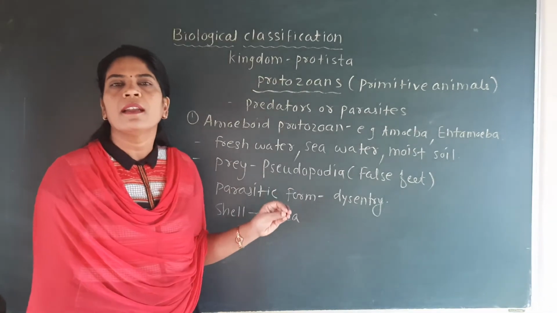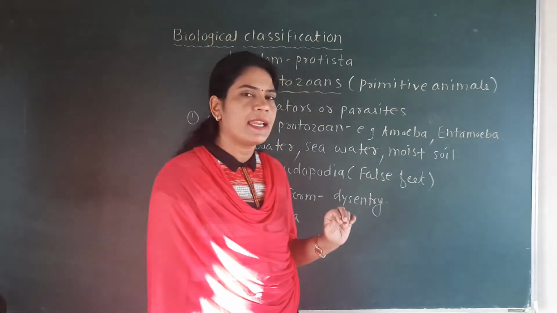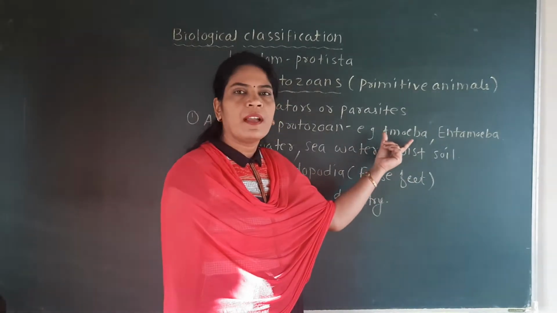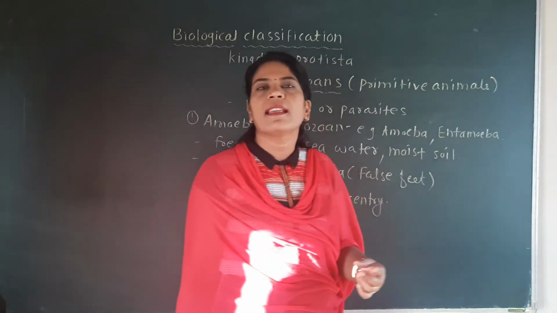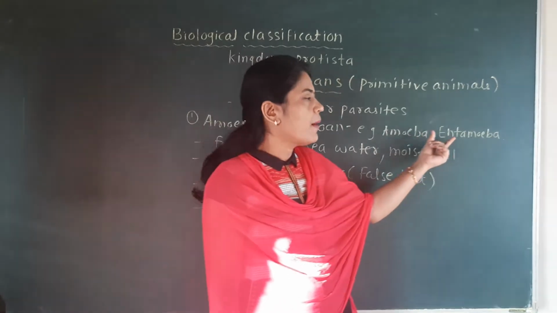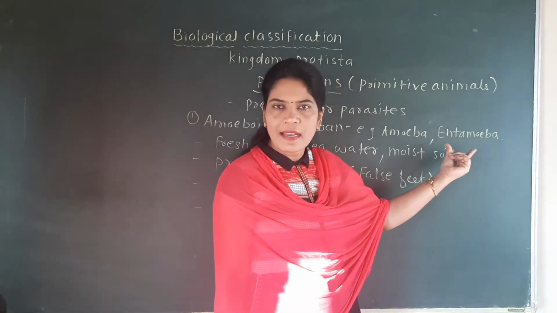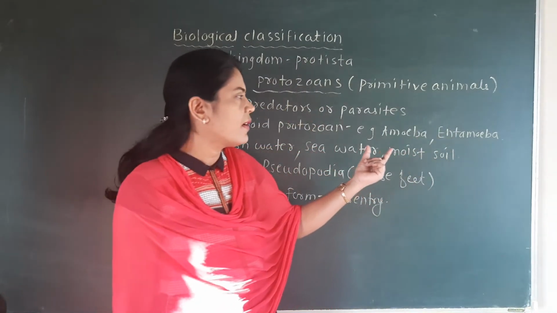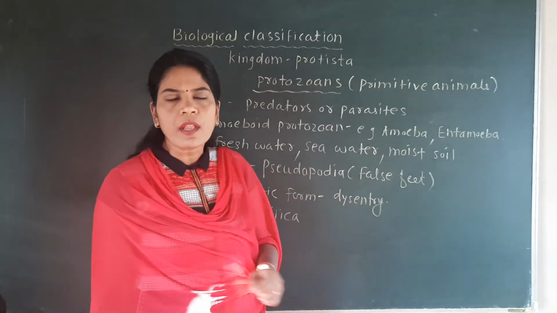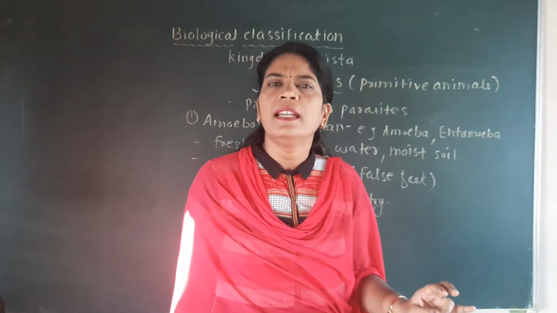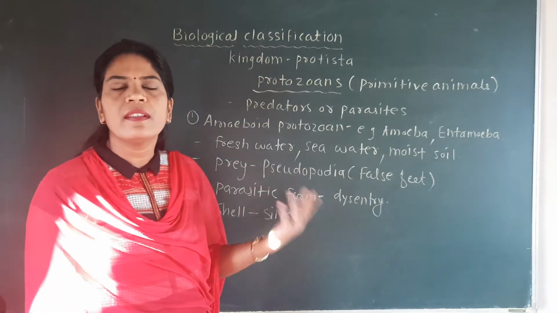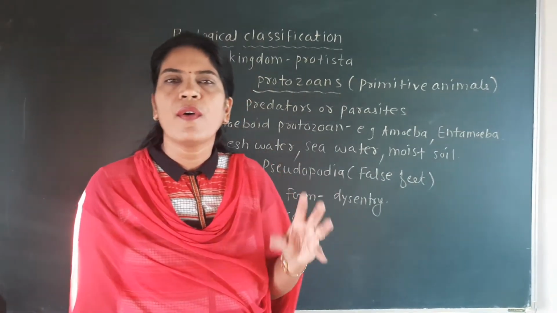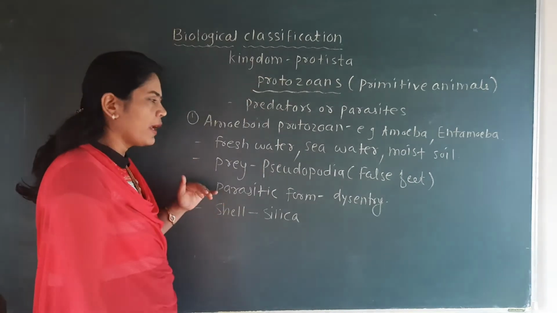The important thing is their examples: amoeba and entamoeba. Amoeba acts as a predator while the entamoeba acts as a parasite. Entamoeba produces the disease dysentery, generally called amoebic dysentery, and amoeba does not act as a parasite. It is free living. Second, they are found in fresh water, sea water, as well as moist soil.